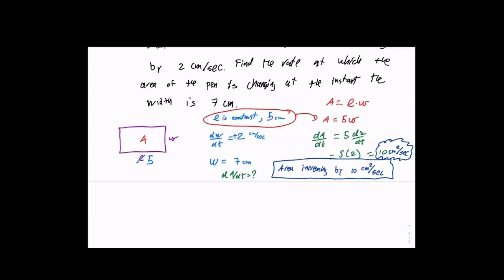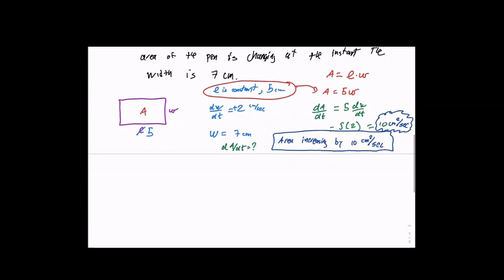That's because the length is constant. Sometimes the problem might not even give you the width, and you're like, oh, I didn't even need to use it. Questions on that problem?